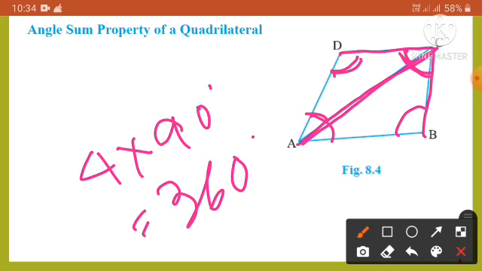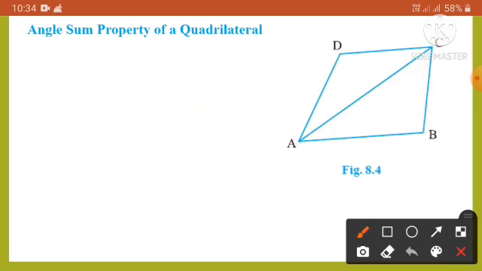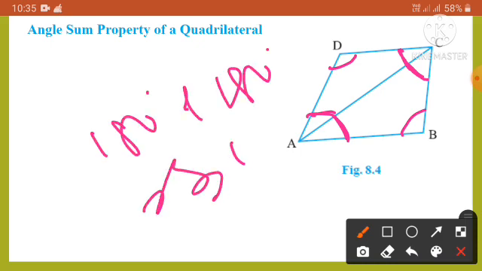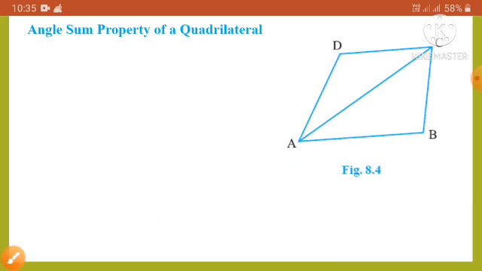Got it? So here the angles DAC plus CAB give us angle A, angle ACD and angle ACB give us angle C. So the total value of the angles is 360 degrees, because we have 180 degrees plus 180 degrees, that is 360 degrees.